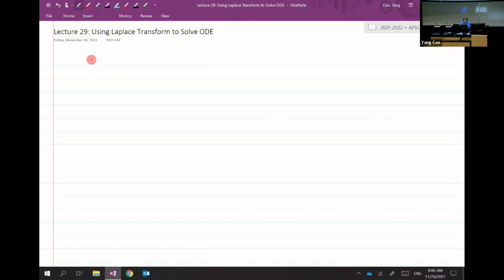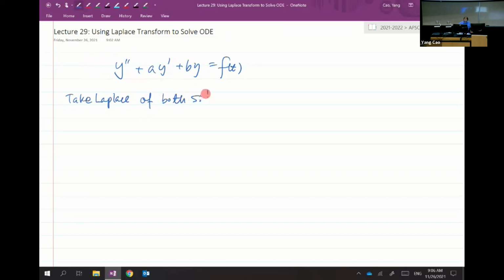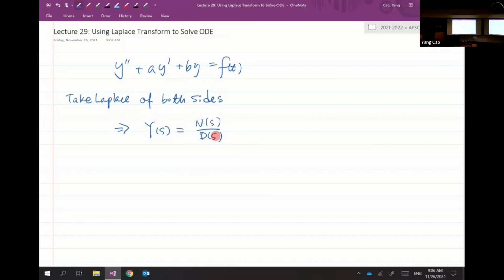So when you have an ODE, we typically say in our class we deal with the second order ODE. So your ODE probably looks like y double prime plus a y prime plus b y equal to f of t. As we demonstrated from the previous lecture, if you take Laplace of both sides, then you will be able to obtain an expression for Y of s, which is going to be a fraction.